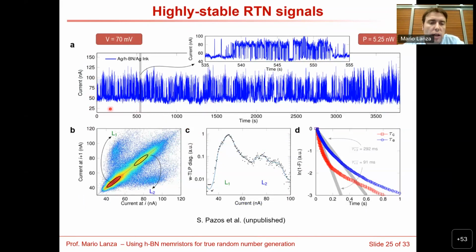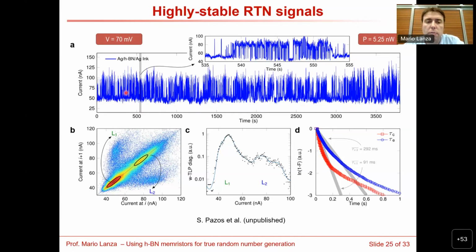We measure a current signal that fluctuates between two different states. One is here, and the other one is here. You can see it better in this zoom-in image. These transitions are completely random.